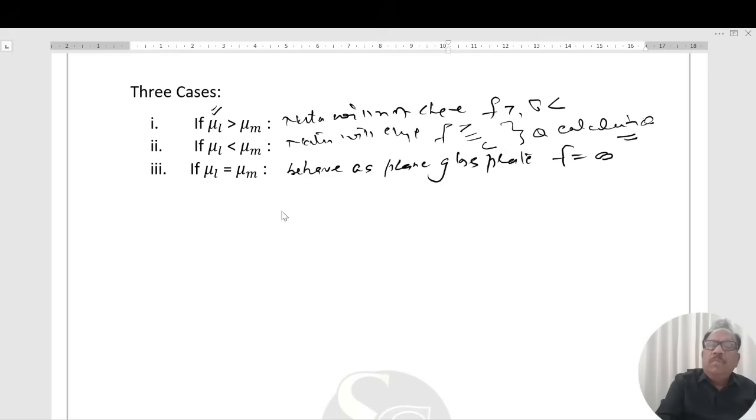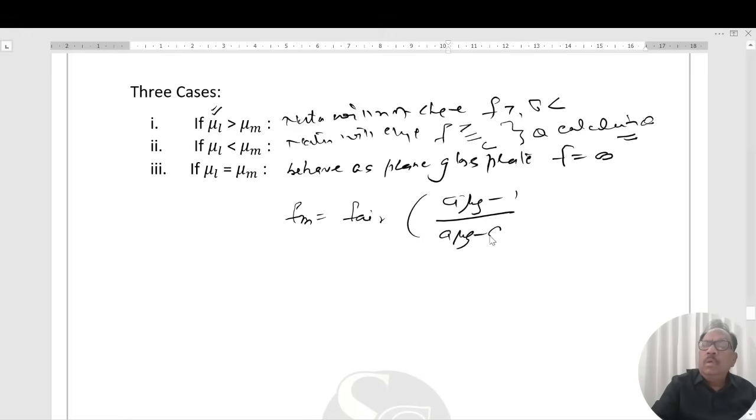Now formula given is F m equal to F air into a mu g minus 1 upon a mu g minus a mu m, into a mu m. Simply substituting the values.